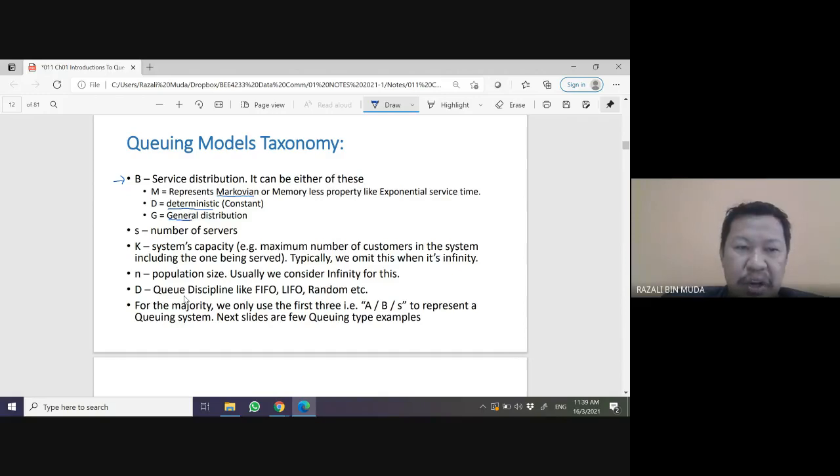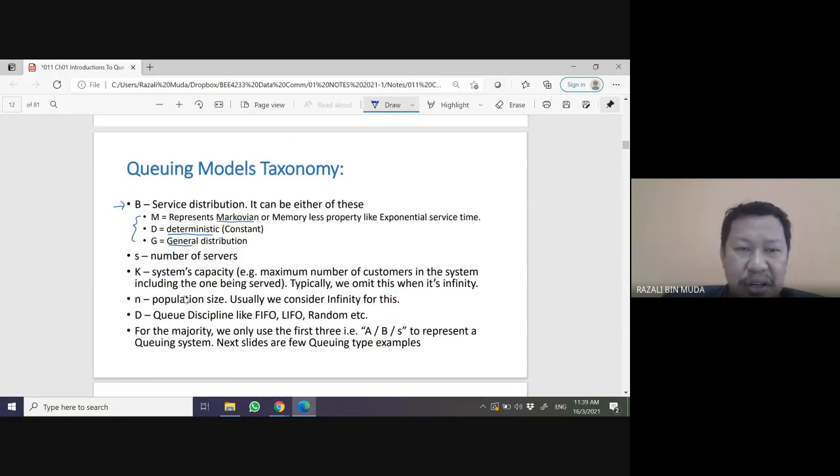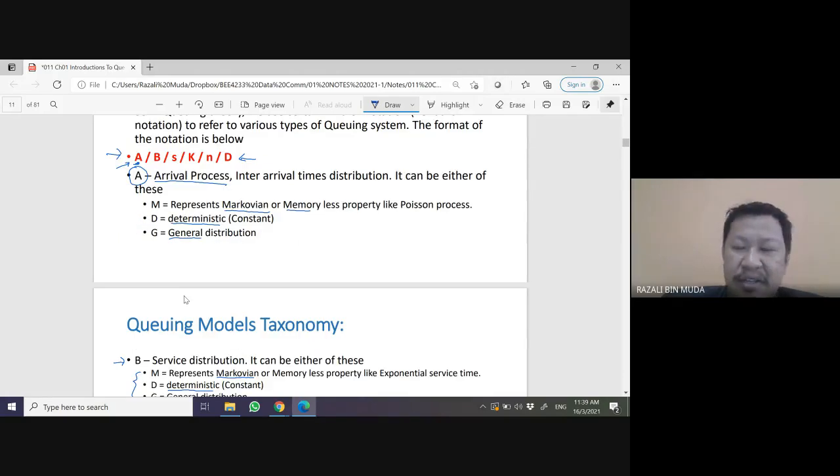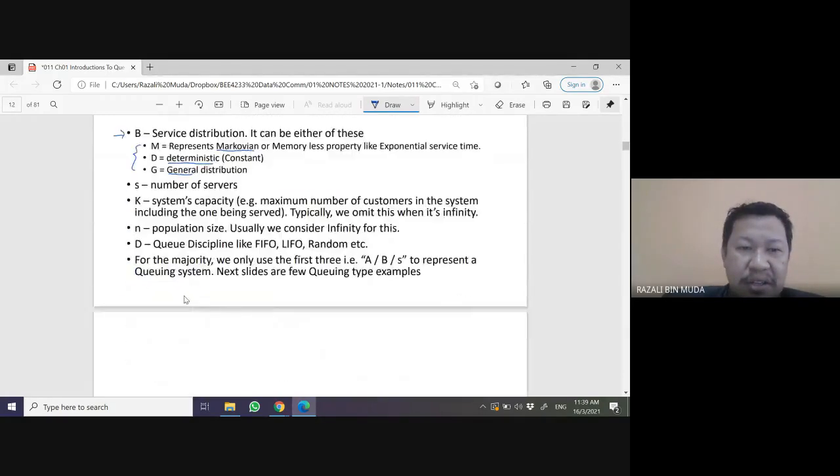So B also has three types of distribution. The next notation, S, is the number of servers. This is the third notation.